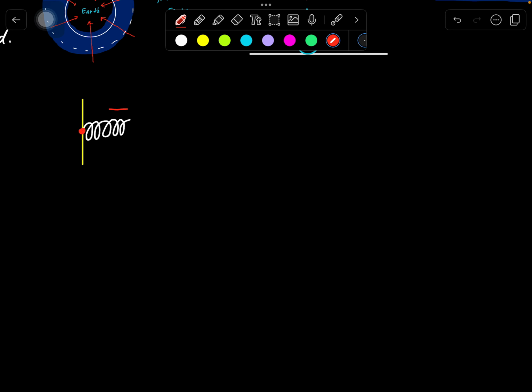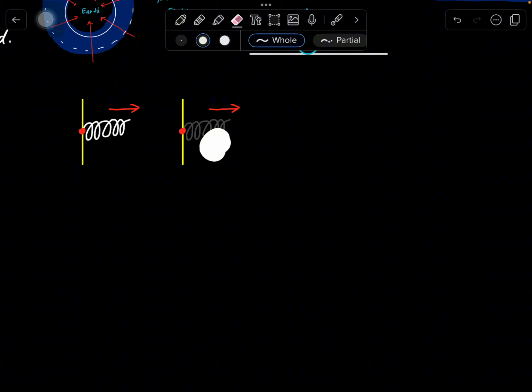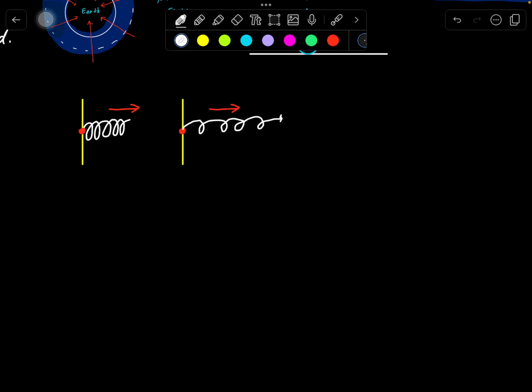Now you apply a force and you stretch the spring, and you see an extension in the length of the spring. You're holding the spring for now. When you let it go, it goes back to its original position, which is this one, right?